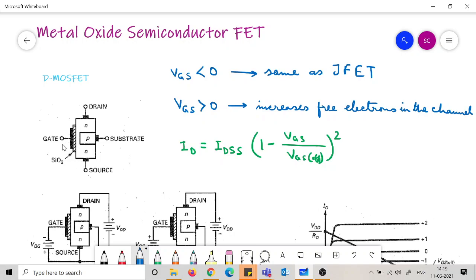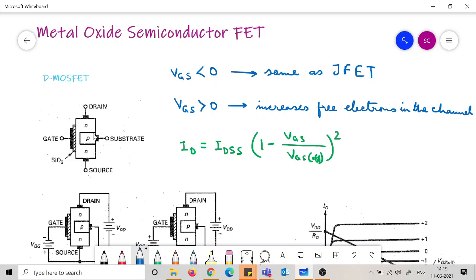Gate source voltage positive means you can consider that a positive potential is at the gate and a negative potential at the source. So what will happen? You will be supplying more electrons at the source in the n type, and there would be a combination of electrons and holes at this end of the p type material near the substrate lead.